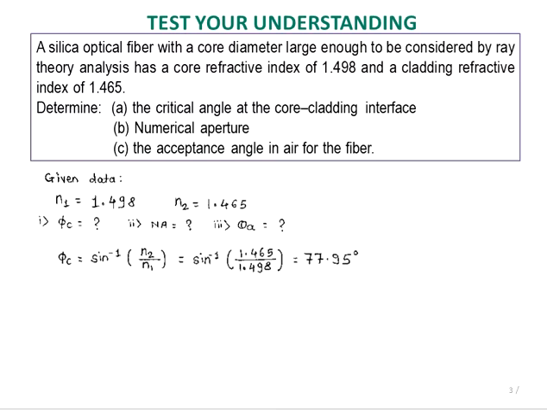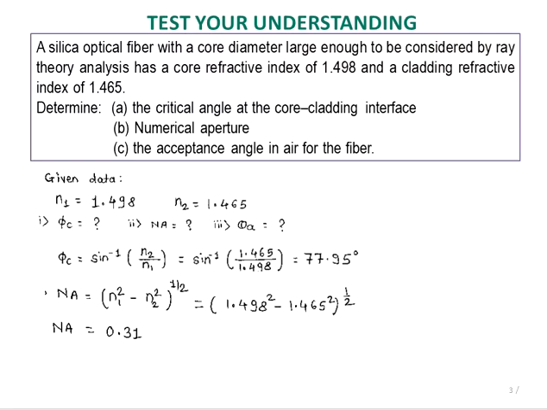Now to find the numerical aperture, you should recall the formula which includes n1 as well as n2, and that is (n1 square minus n2 square) raised to 1 by 2. So the numerical aperture is found to be 0.31. And finally the acceptance angle.